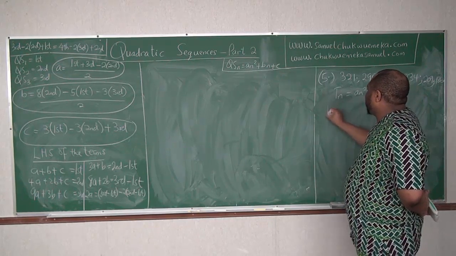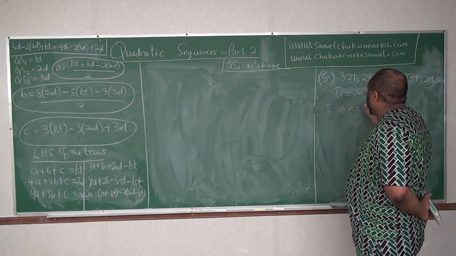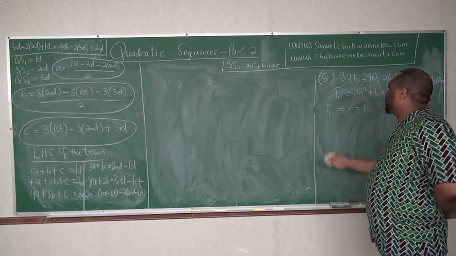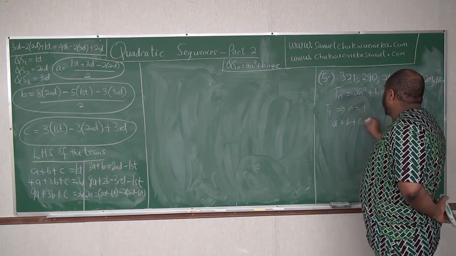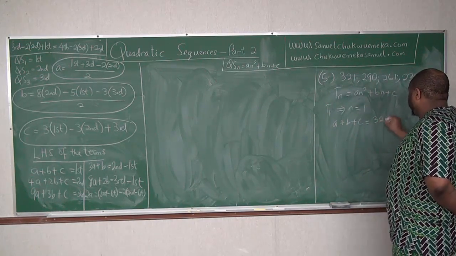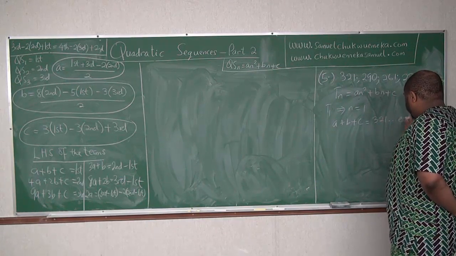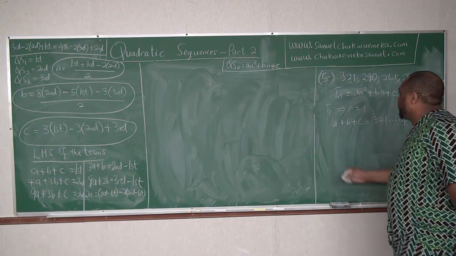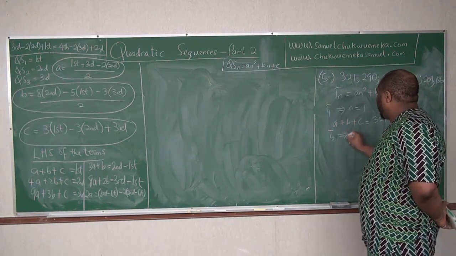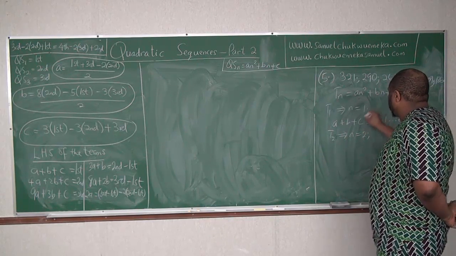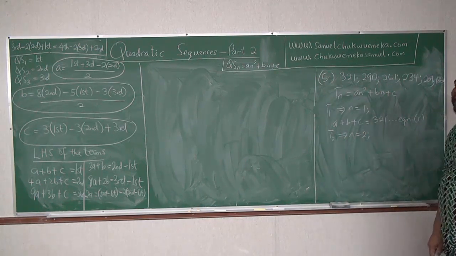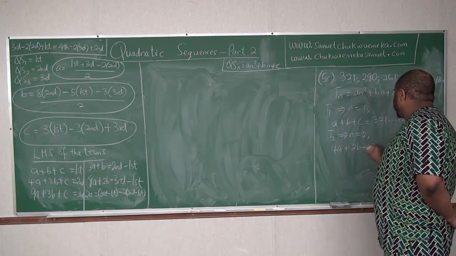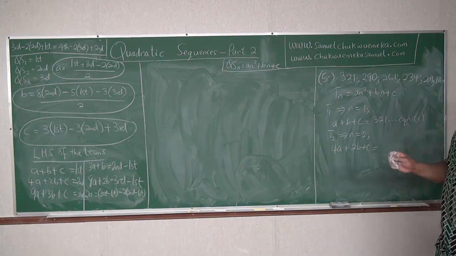So, we see that T1 implies n equal to 1. 1 squared is 1 times a plus b plus c is the first term, 321. This is equation 1. T2 implies n equal to 2. 2 squared is 4. 4a plus 2b plus c will give us the second term, 290.